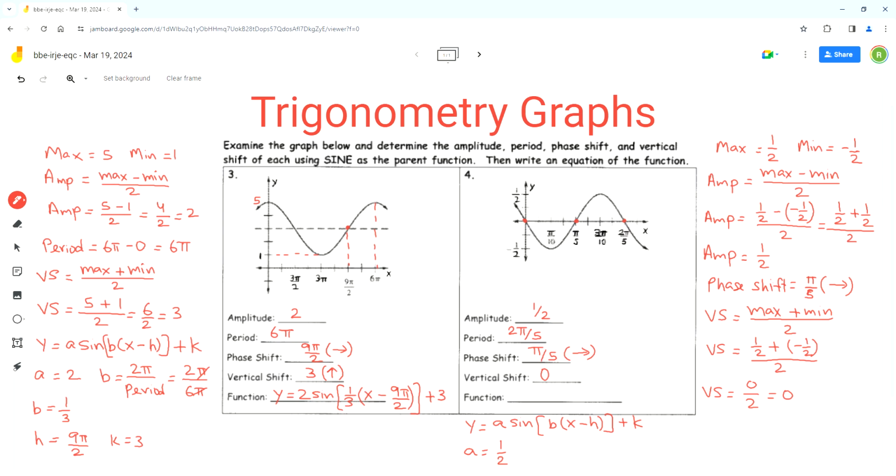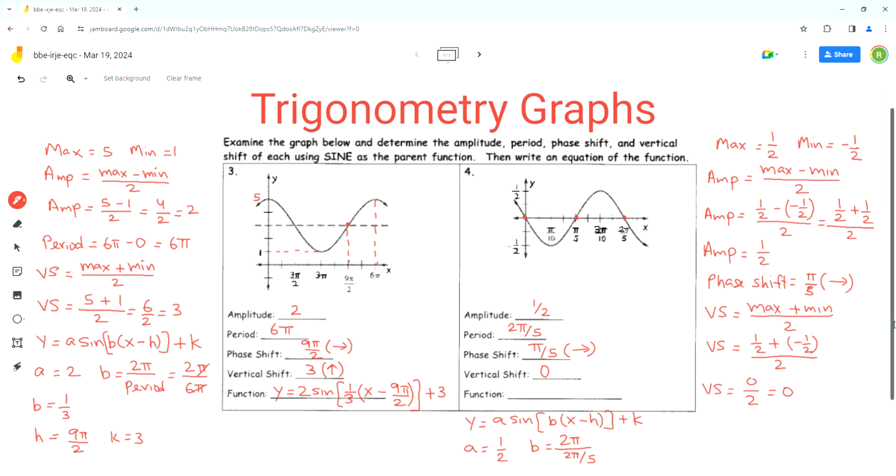And then the b value can be calculated from the period. The formula is 2 pi, which is the period of the sine parent function, divided by the period of the transformed function, which is 2 pi over 5.